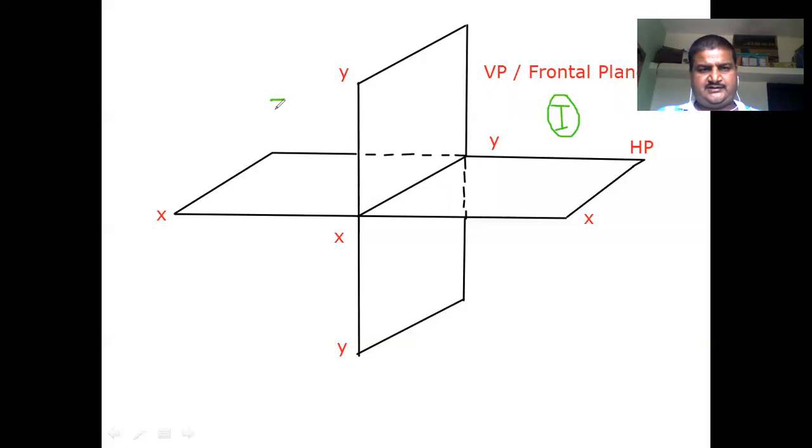This will be our quadrant number 2. Next quadrant is our quadrant number 3. And the quadrant which is exactly below quadrant number 1 is your quadrant number 4.